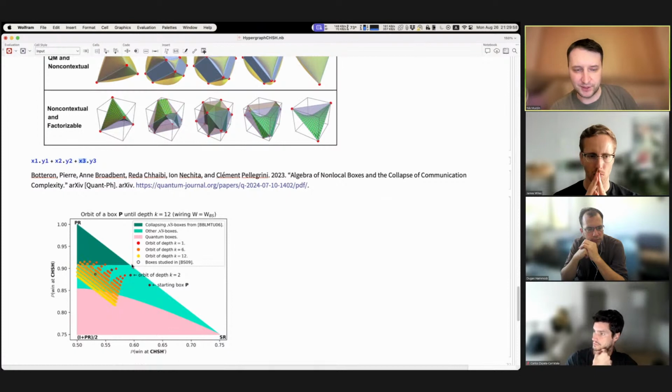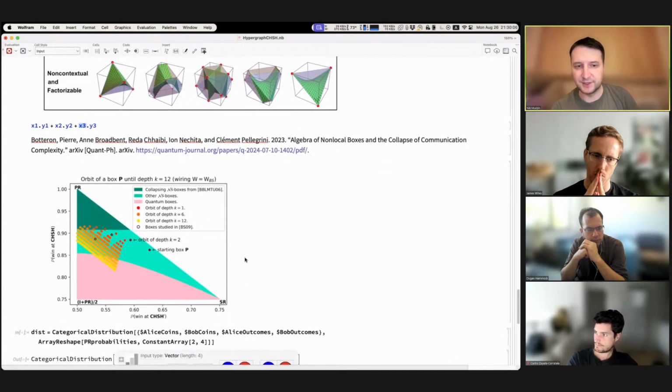But there's still a gap between these boxes and quantum mechanics. Quantum mechanics probably doesn't collapse the communication complexity, so you still have to send all the bits from Alice to Bob in order to compute this dot product, whereas here it collapses.